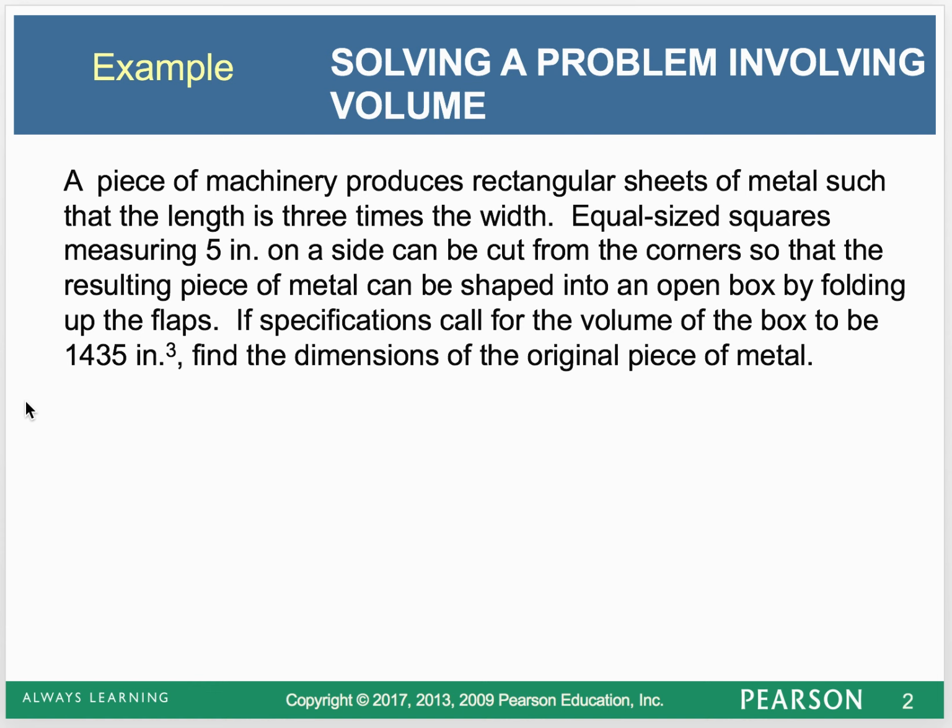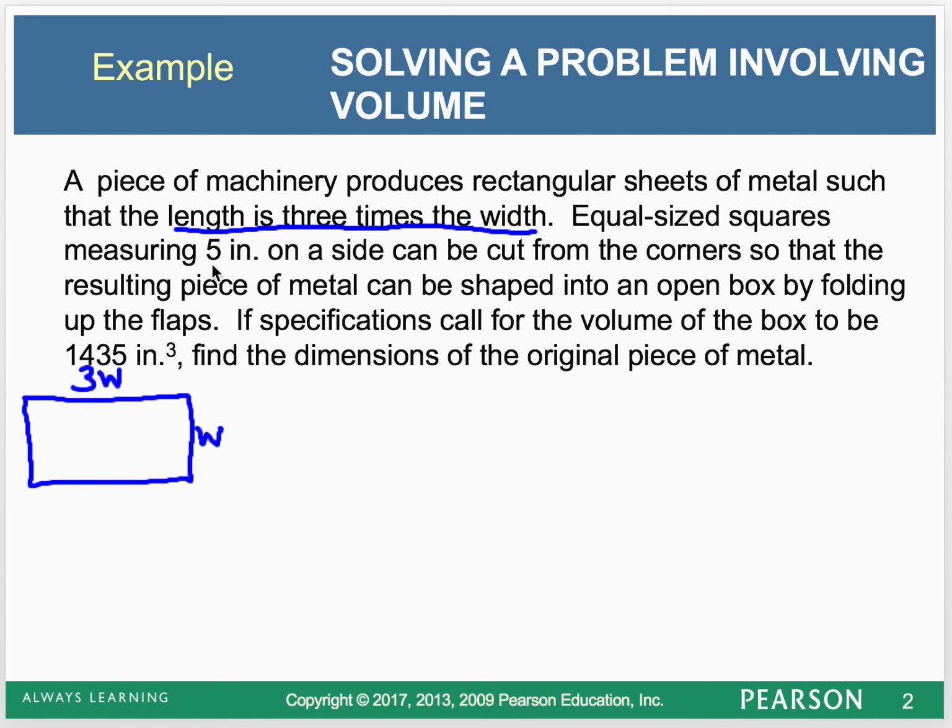I'm going to have this rectangular piece of metal where the length is 3 times the width. So if this is the width of the piece of metal, then the length is 3 times that. It didn't tell us what the width was, just that the length was 3 times that.